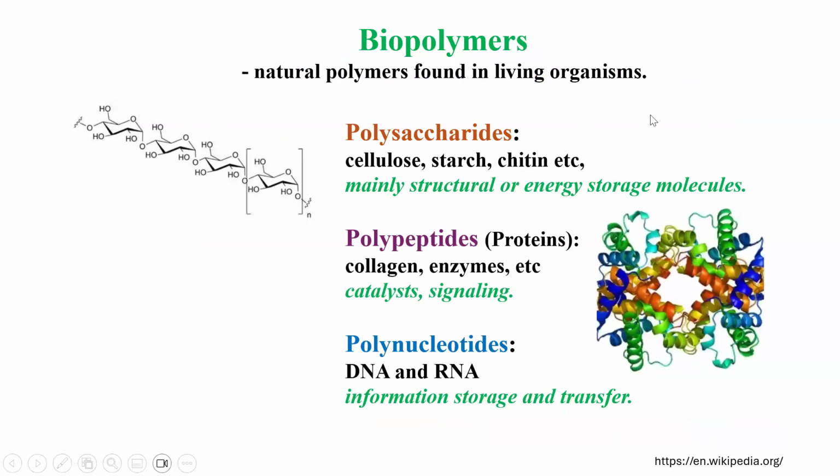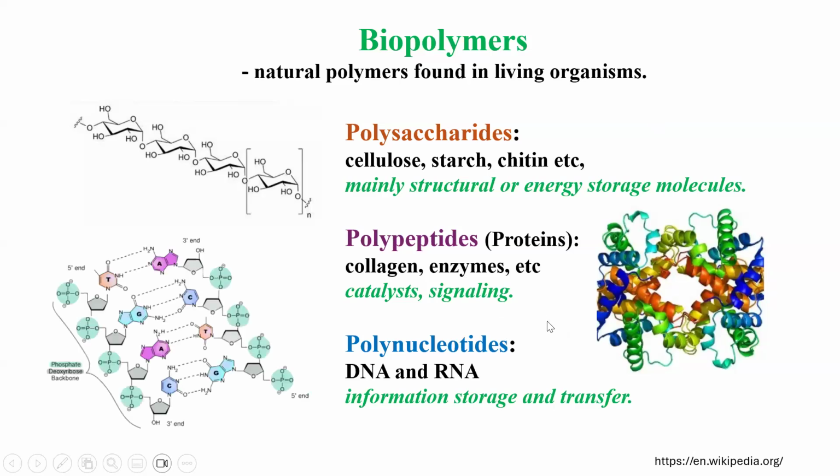Polypeptides are also known as proteins, and collagen I already mentioned, and then there are enzymes and many different types of polymers, and they are useful as catalysts and signaling, etc. Then we have polynucleotides or nucleic acids, DNA and RNA, and they are used for information storage and transfer.